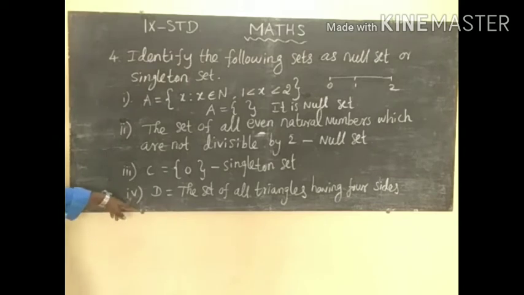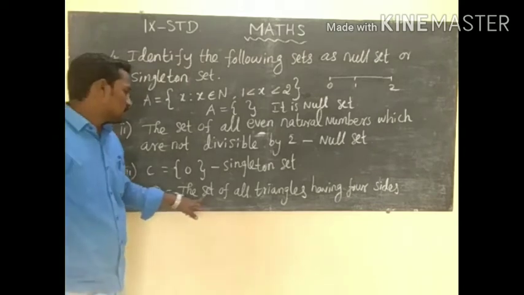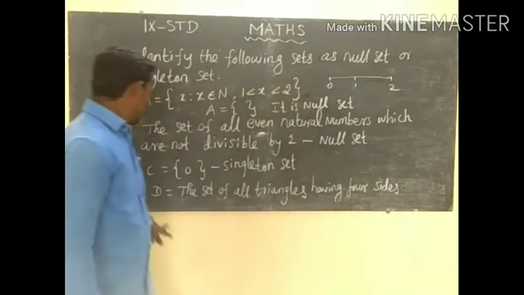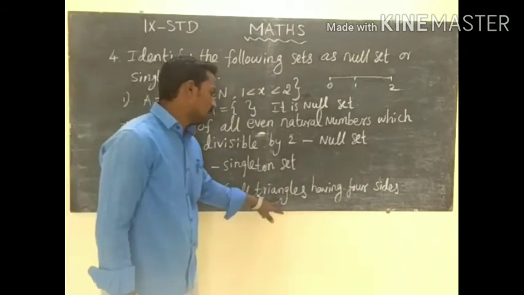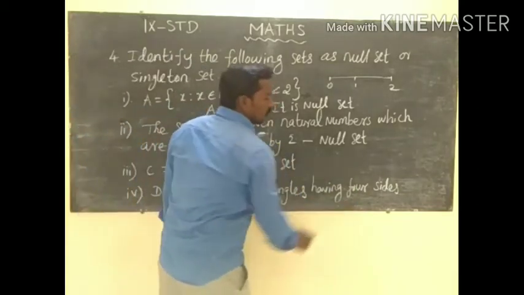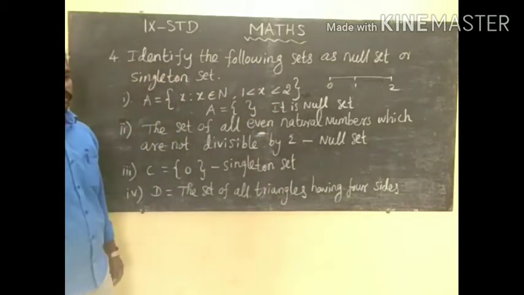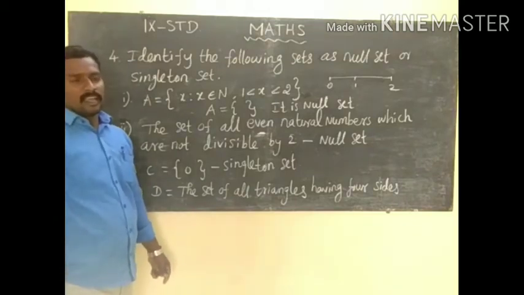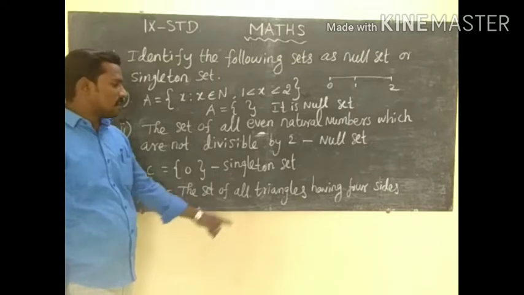Then the fourth question: D is equal to the set of all triangles having 4 sides. What is the triangle definition? Any 3 line segments enclosed to form a figure is called a triangle.